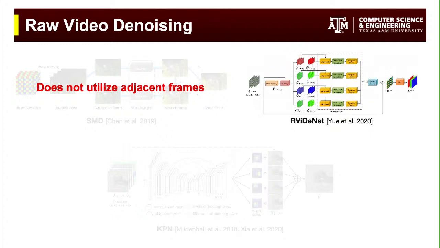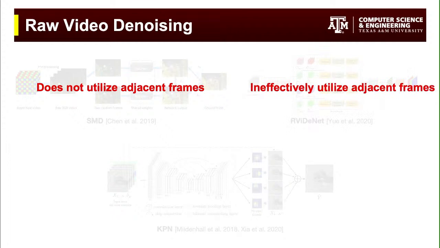Yue et al. proposed to incorporate the information of neighbor frames by implicitly aligning their features. However, since they implicitly align the images, their method is not able to effectively utilize the information of neighbor frames.